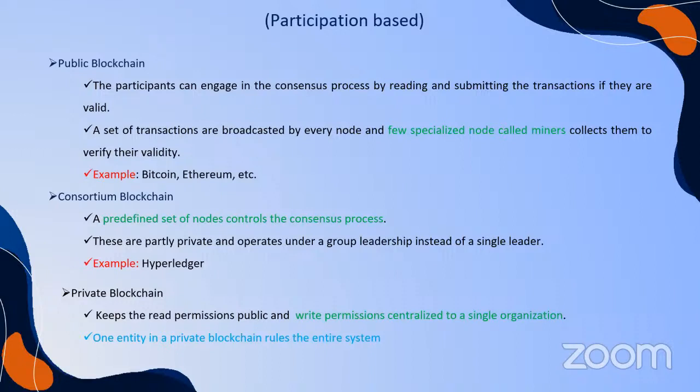The participants can engage in the consensus process by reading and submitting transactions if they are valid. A set of transactions is broadcast by every node, and a few specialized nodes called miners collect them to verify their validity. Examples are Bitcoin, Ethereum, and some Ripple types of consensus.